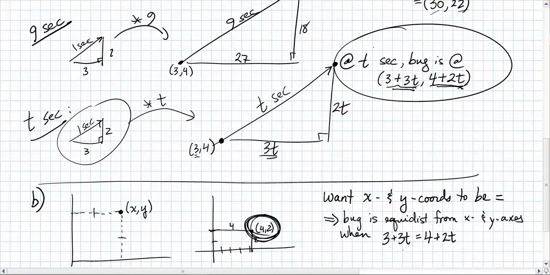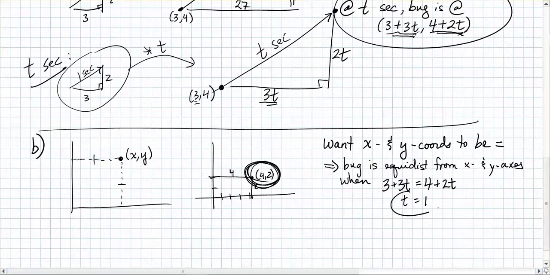And if you solve this out, you get t equals 1. So it happens at 1 second, and the way to figure out where it happens is to plug it into the bug's location formula here. So you're plugging in t equals 1.